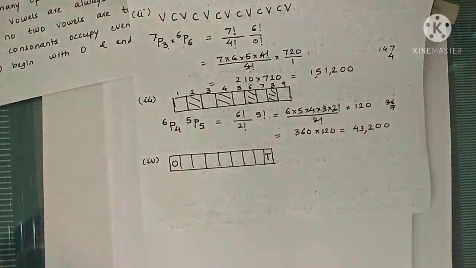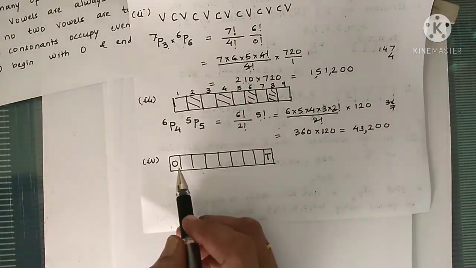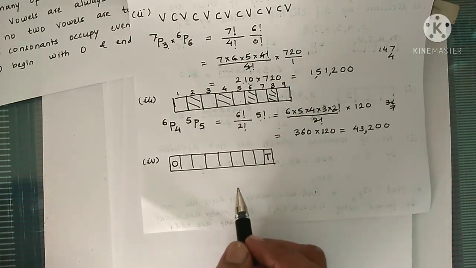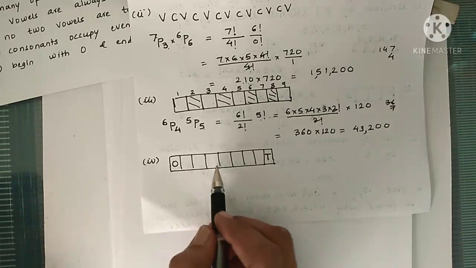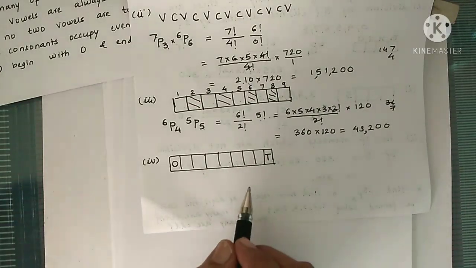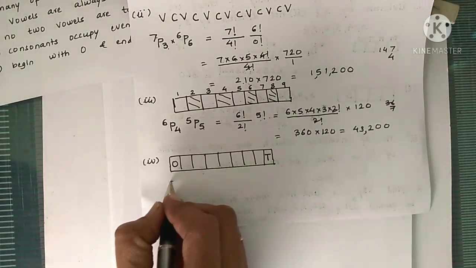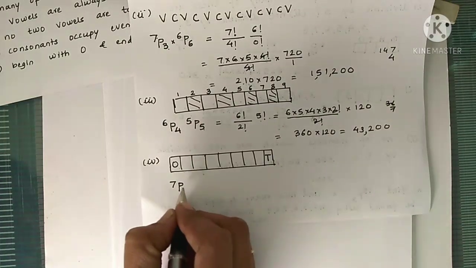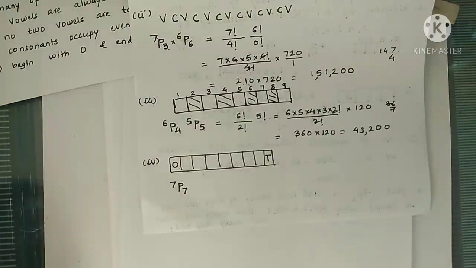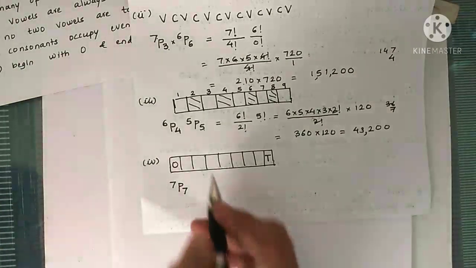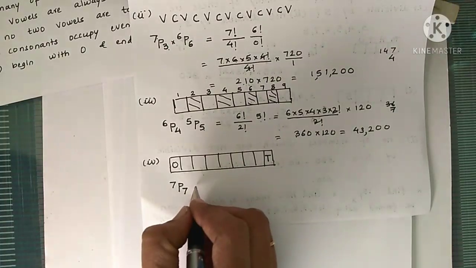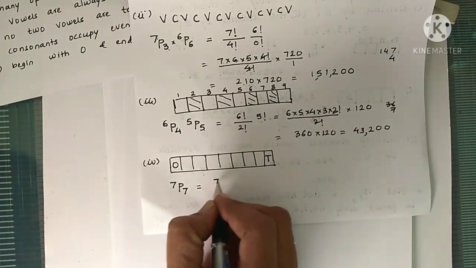So out of the 9 letters, we have placed 2 letters, O and T. So we have 7 positions remaining here and we have 7 letters also. So the 7 letters on the middle 7 positions can be arranged in 7P7 ways.